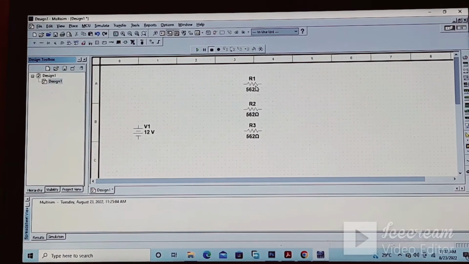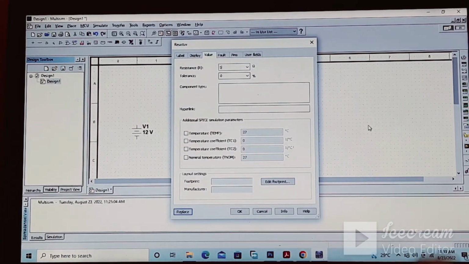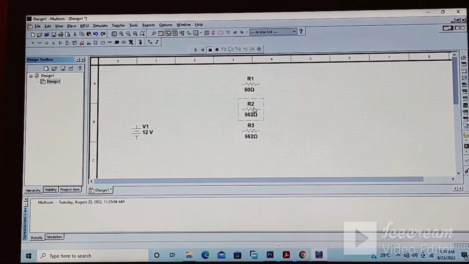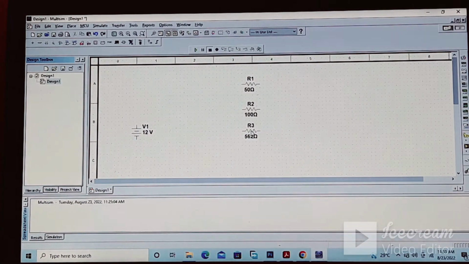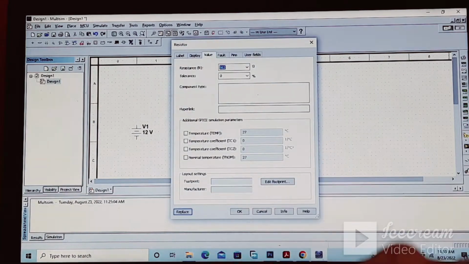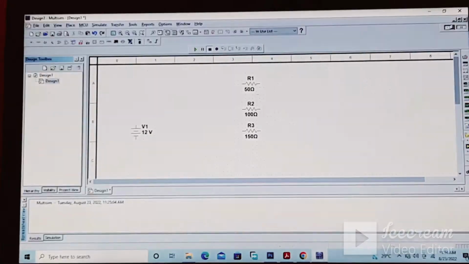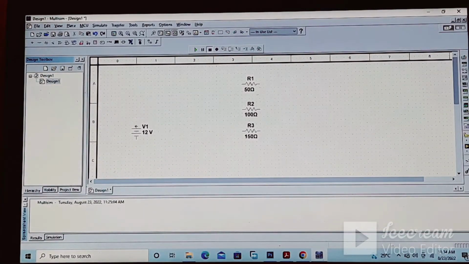So now the first resistor is of 50 ohm, the second resistor is of 100 ohm, and the third resistor is of 150 ohm. So connect the supply voltage, okay.